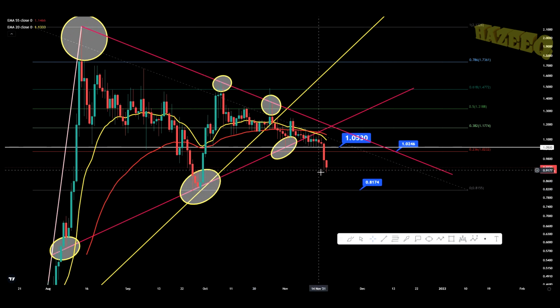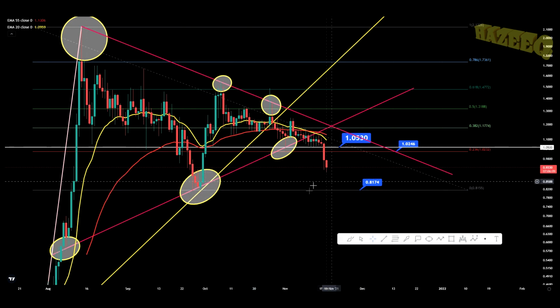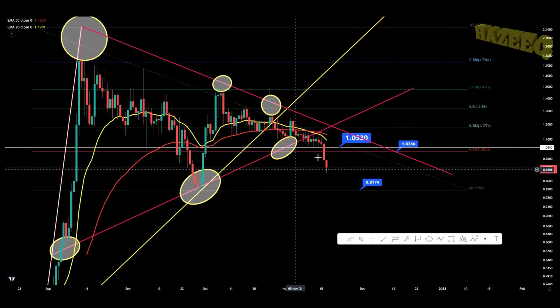Or we can even close the candle just above this swing low so that we create a higher low, or a double bottom pattern, but not necessarily the perfect double bottom pattern where we bounce off the exact support level as we did over here. So there are a couple of different scenarios.